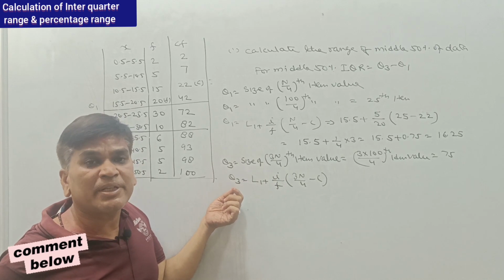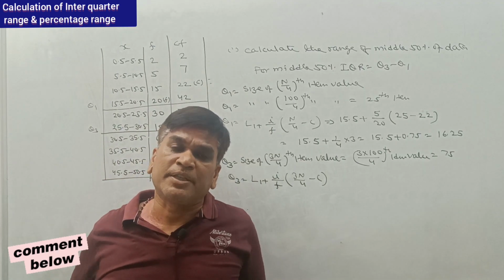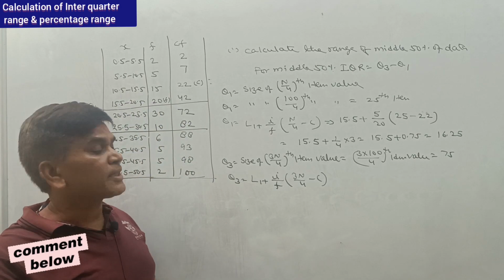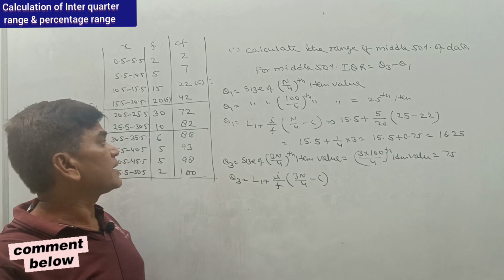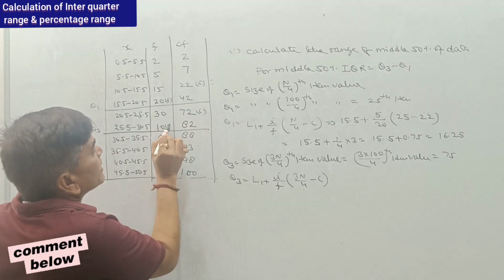L1 stands for the lower limit of the class interval, I stands for the width of the class interval, F stands for the frequency of the class interval, and C is equal to the pre-cumulative frequency of the class interval. So in this, C will be here and F will be here.